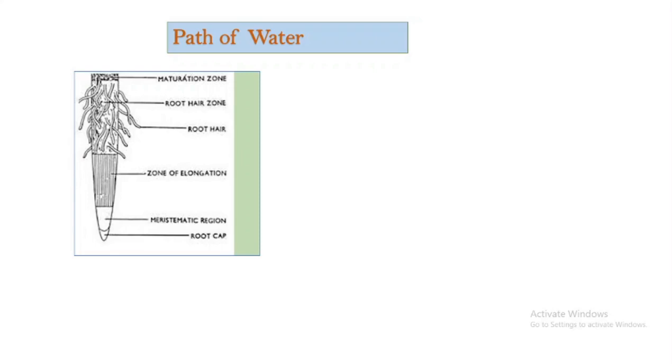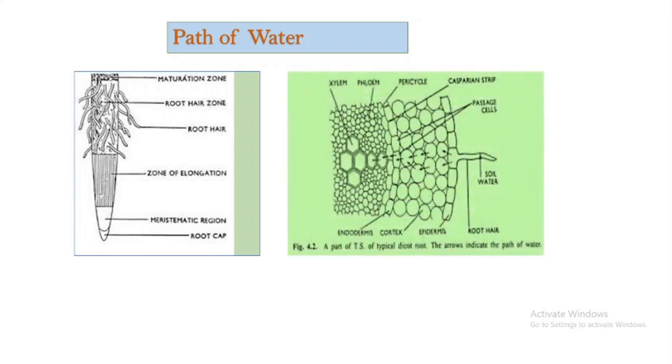Root hair is in direct contact with soil, and the epidermal cells which produce root hair are in contact with a number of cortical cells present inside the root, and finally through cortical cells it establishes contact with xylem tissues in the central vascular cylinder of the root.